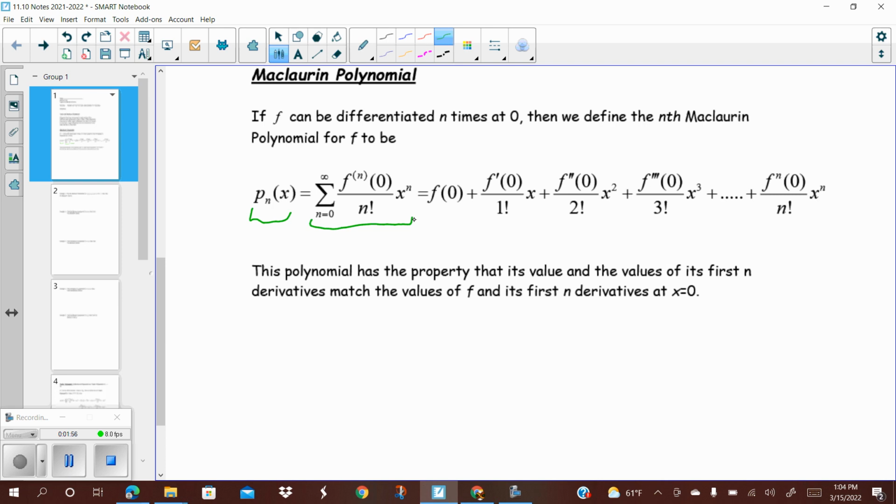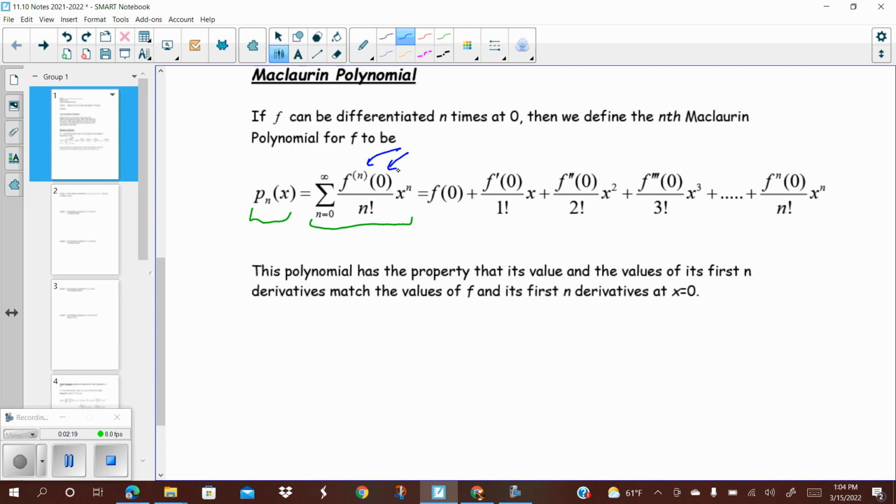And the notation is important, because you might think, oh, it's f raised to a power. Remember that when we put what looks to be the exponent in parentheses right there, that is actually the derivative. So that's telling us the nth derivative evaluated at 0.